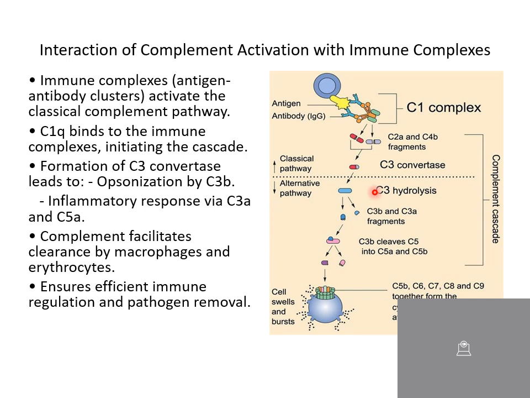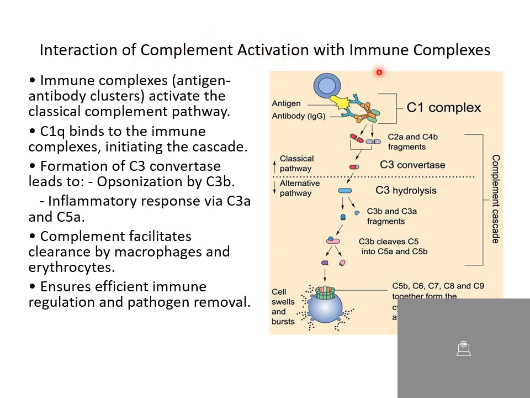If C3 convertase is cleaved, it will give us the C3a fragment and C3b, which cleaves C5 into C5a and C5b, which is the C5 convertase. It will form the membrane attack complex, thus forming pores in the cell membrane, and C5 will bind C6, giving us C7, C8 and C9 together. That was how the complement system is activated.